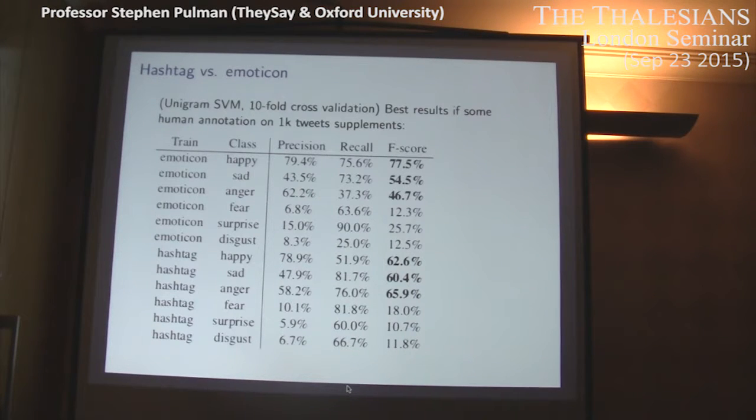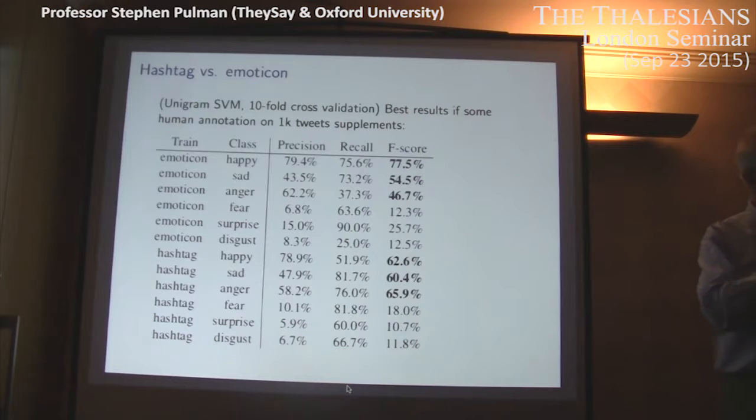So they did some experiments on training a classifier using this data, and the results were not actually that good. I mean, they were okay, but not that good. What they did find, though, was that if you added a small amount of high-quality annotated data, even just 1,000 or so tweets where somebody has painstakingly gone through and annotated them with the correct emotion, the results got significantly better.